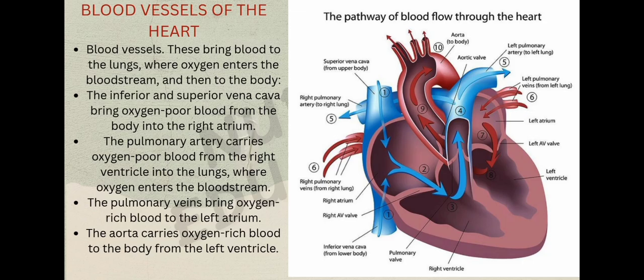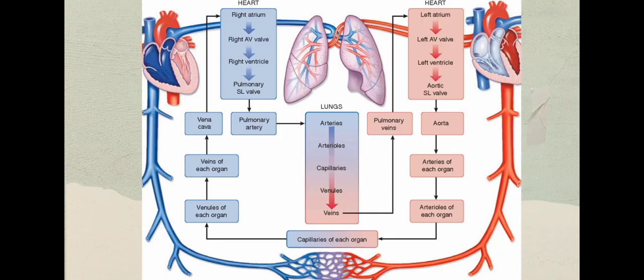You see the picture: from the right ventricle, from there the pulmonary artery to the lungs, and to the left atrium, from there the blood enters the left ventricle to the aorta and to the body. This is the pathway of the blood flow. You can see this flow chart, how the blood is transported from the heart to the lungs, from the lungs to the heart and to the body.